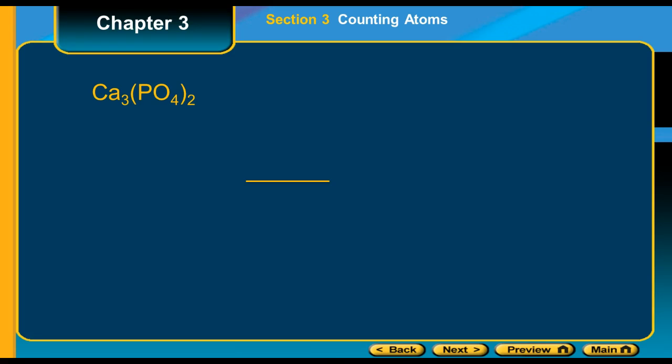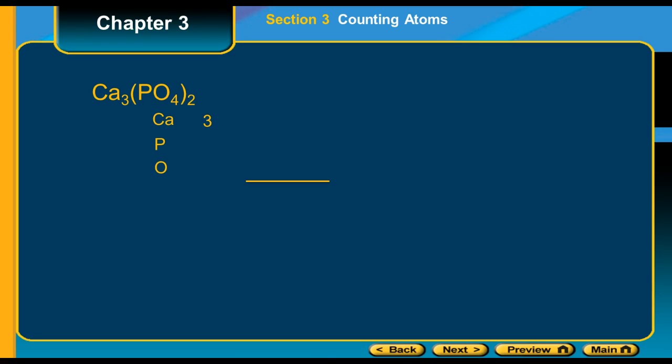Here's an example that is probably one of the harder ones, but it is not hard. You have Ca3(PO4)2, with PO4 in parentheses and a 2 outside. To break it down, the first step is to identify what elements you have. There's calcium, phosphorus, and oxygen. How many calcium do you have? Well, there's a 3 there, so you have 3 calcium.